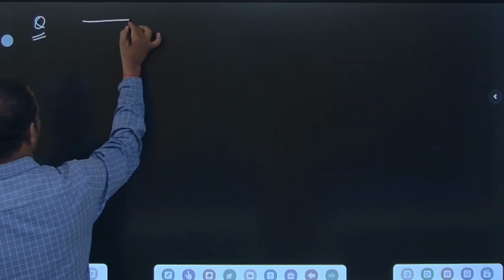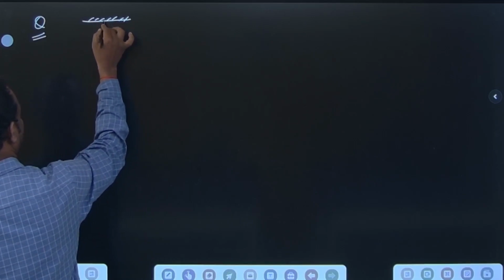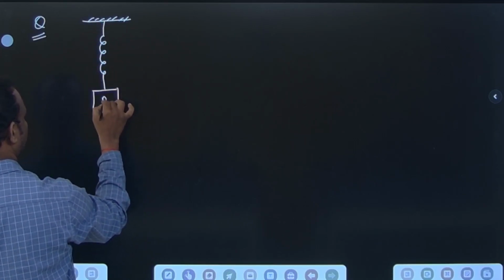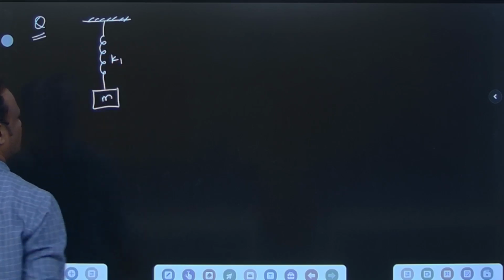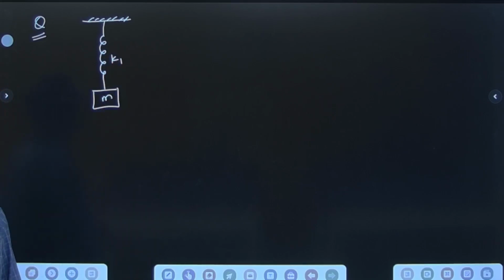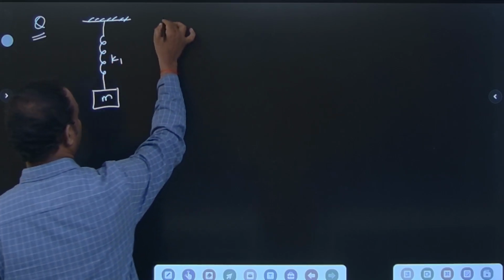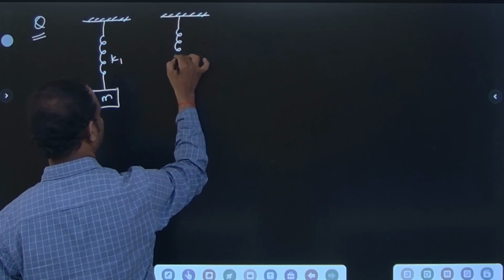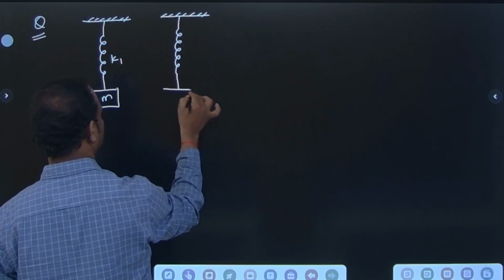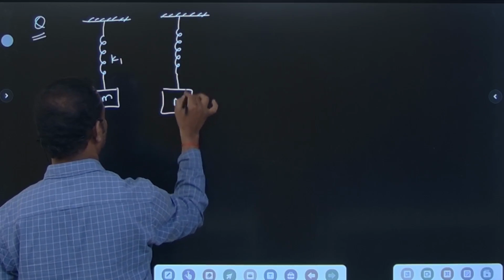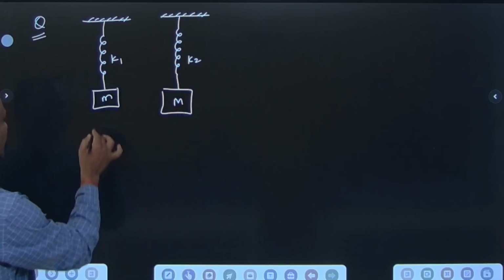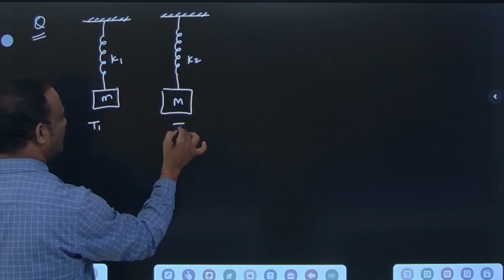First one, a spring is here with a mass M. The spring constant is K1. Next, another spring is taken with the same mass. The spring constant is K2. Its time period is T1, and the other's time period is T2.